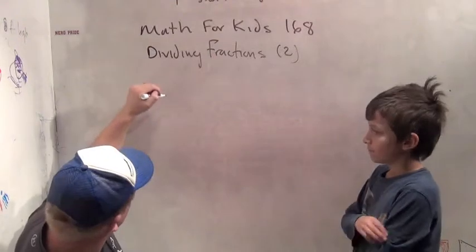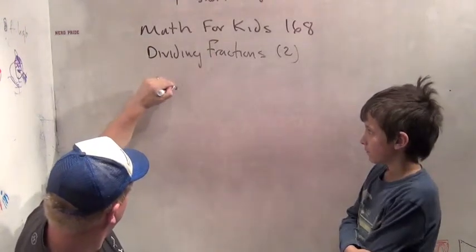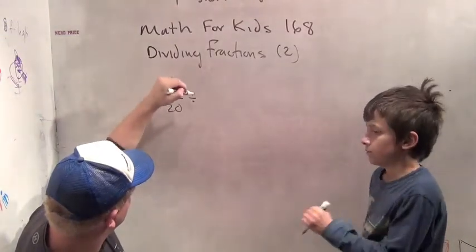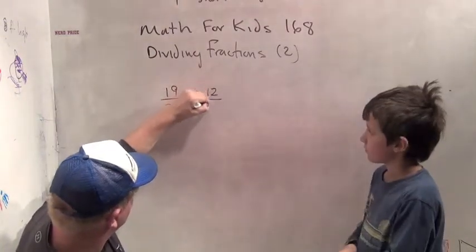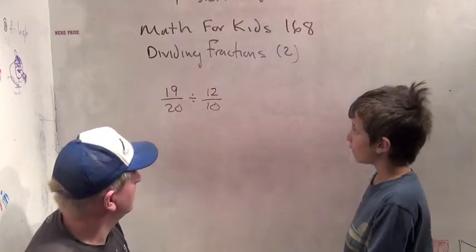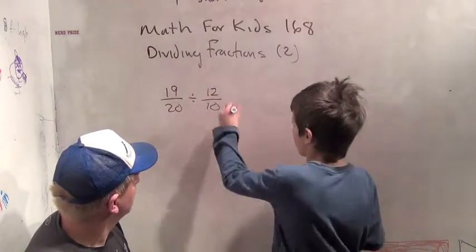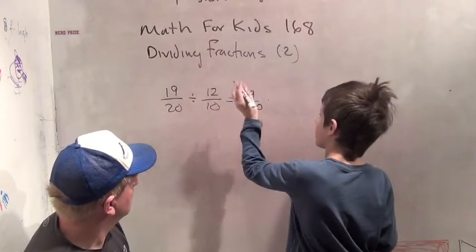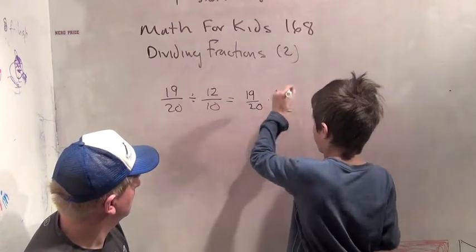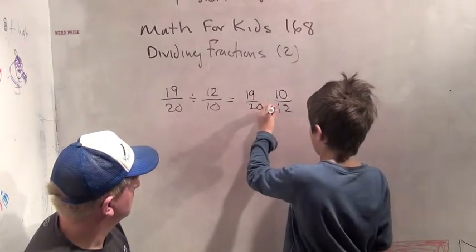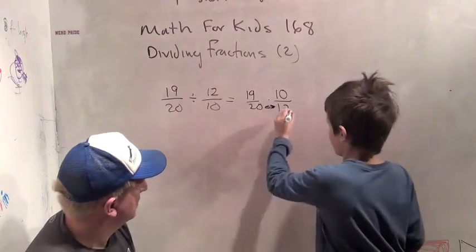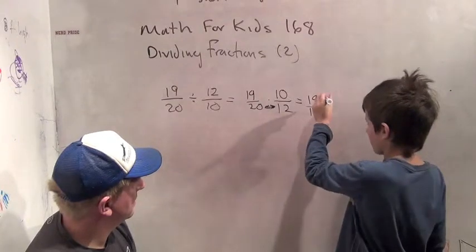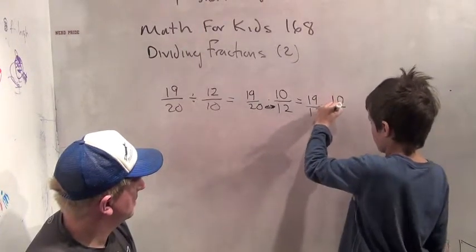All right. How about 19 over 20 divided by, I don't know, 12/10? Well, this is 19/20 times 10/12, and we can flip the denominators, which is 19/12 times 10/20.